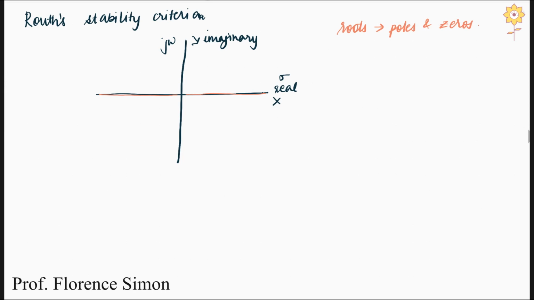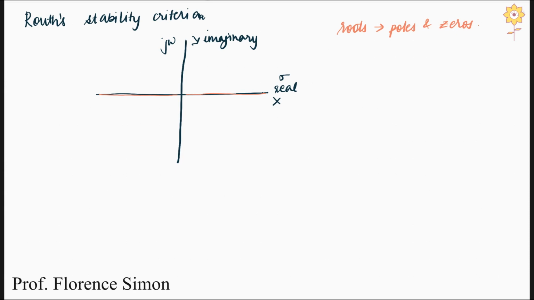We will be using Routh's stability criterion to identify whether a given system is stable, unstable or marginally stable. Now, how do we do that? We will see. Before that, let us understand when we call a system stable, unstable or marginally stable.